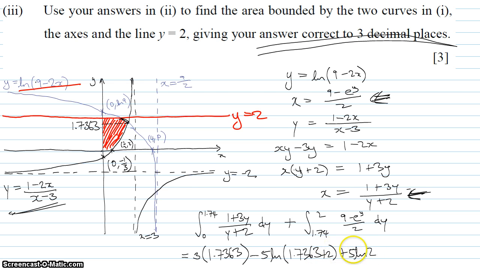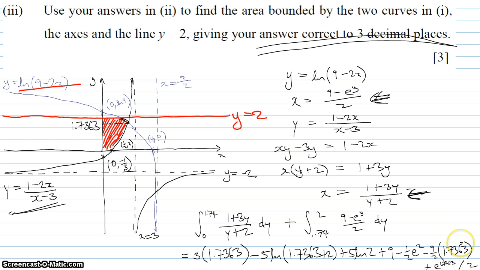Sorry, I've expanded this out. I know I wrote this as 2 over this number last time, but I'll expand it out this time. Plus 9 minus a half e squared minus 9 over 2 times 1.7363 plus e to the 1.7363 over 2.